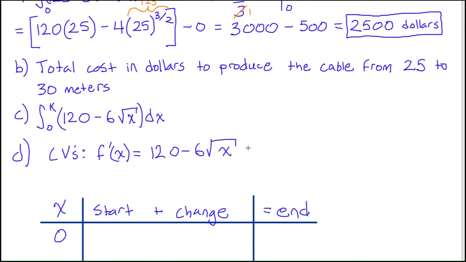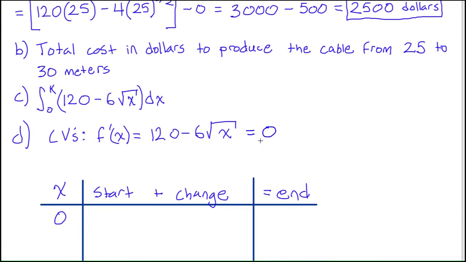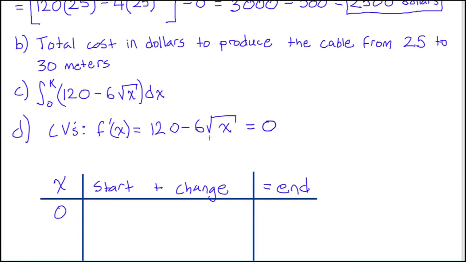Okay, now I set that equal to 0, because that's the definition of a CV. And I'm going to solve. I'm going to add 6 square root of x to both sides. So I now get 120 is equal to 6 square root of x. Let's divide both sides by 6, and I get 20 is equal to square root of x.